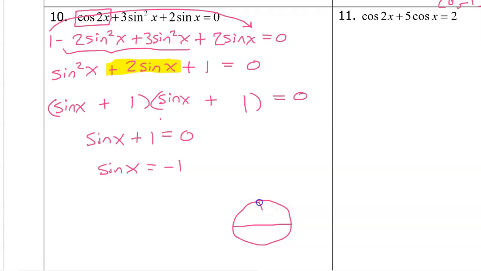Do this part in your head, please. I've got 1, 0, 0, 1, -1, 0, 0, -1. Sine is a y value, so where is the y value equal to -1? Only here. X is equal to 3 pi over 2.